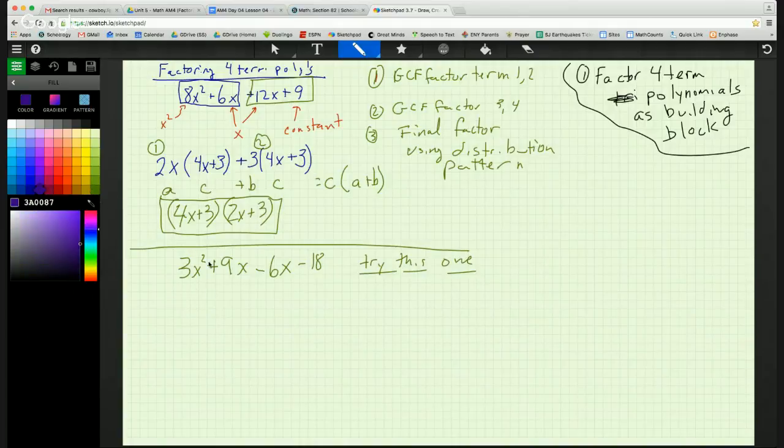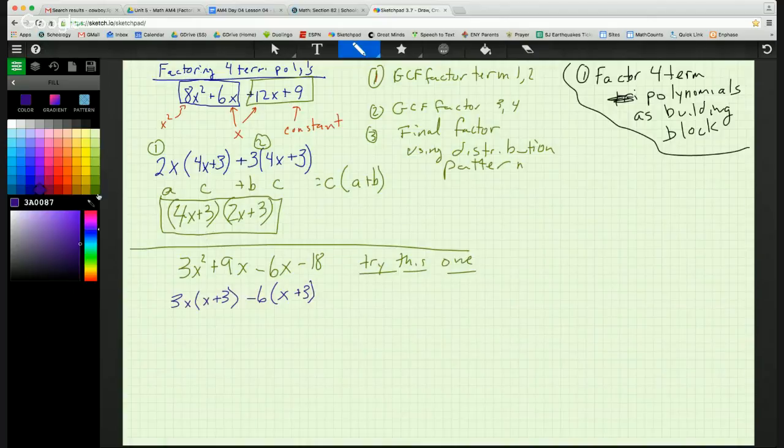Okay, so now I've assumed you've tried this, so let's just try step one. Step one is to say, well, 3x times x plus 3. And on our second one, factoring the second two, we're going to take out a -6, and that's x plus 3 again. Now notice, we can check this by saying -6 times x, that's our -6x, and our -6 times our positive 3, there's our -18.